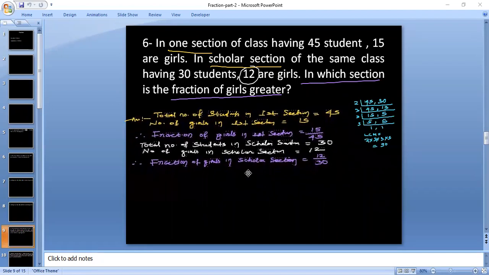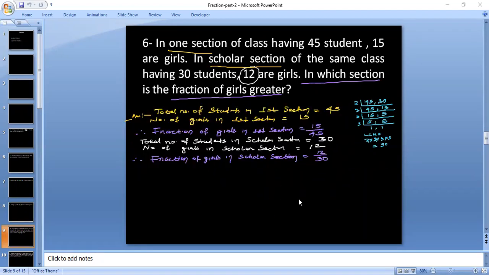I made it smaller for space. Now we compare the two fractions. You write 15 by 45; to make the denominator 90, 90 divided by 45 is equal to 2, so multiply both numerator and denominator by 2, which gives 30 by 90.